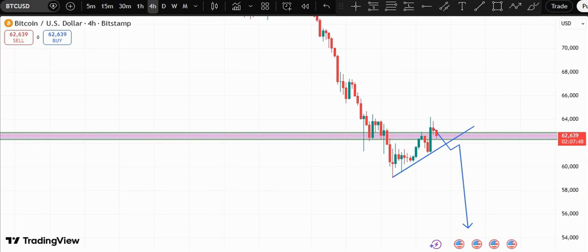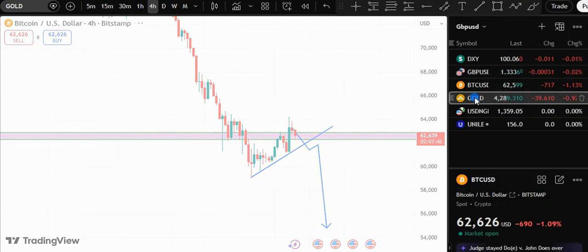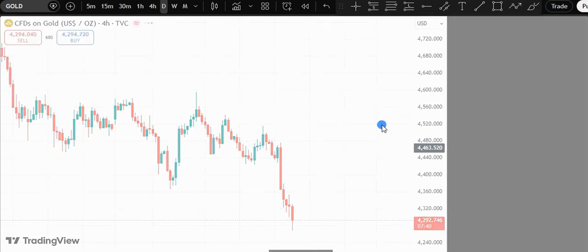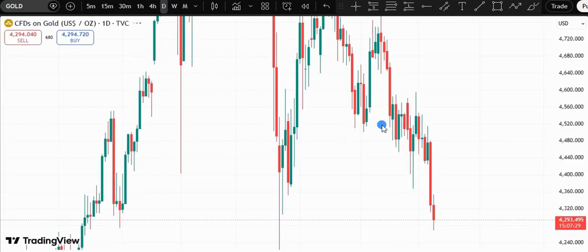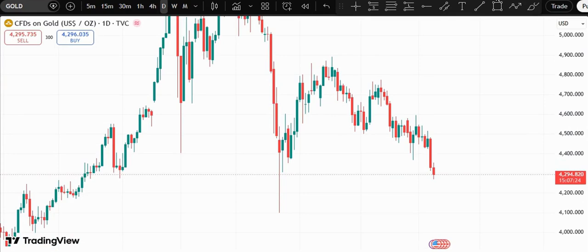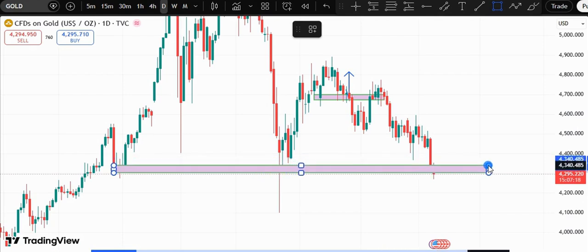So let's go to the final one, which is XAUUSD, popularly called gold. All right. Let's just see if it's going to be going bullish. Yes, you can actually see some bearish move already, which is what really happened last week.